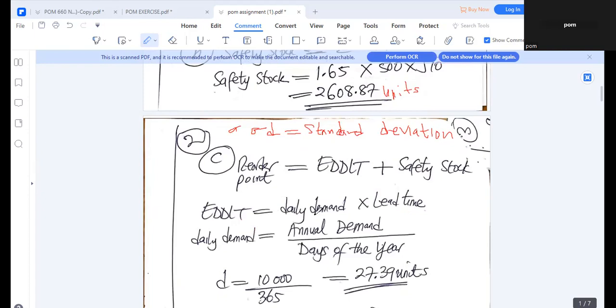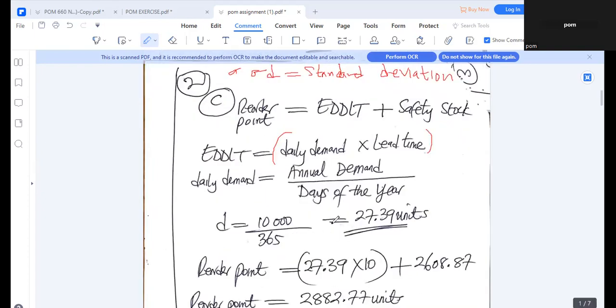Expected demand during lead time is the daily demand multiplied by lead time. How would we get our daily demand? Annual demand divided by the days of the year. The days of the year are not given, that's why we use 365 days, the total days of the year. After that, we got 27.39 units.